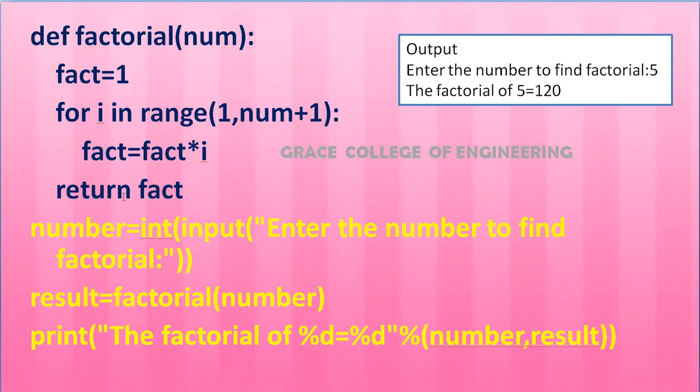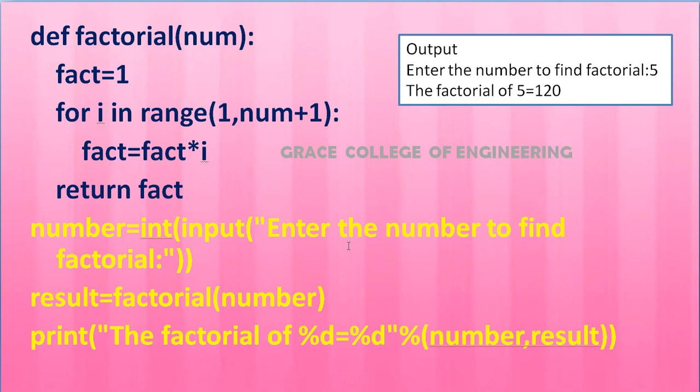This is the main function, which starts from number. Number is equal to int of input of "Enter the number to find factorial". If you want to get input from the user, you mention the input function. In Python, by default it gives string values only.